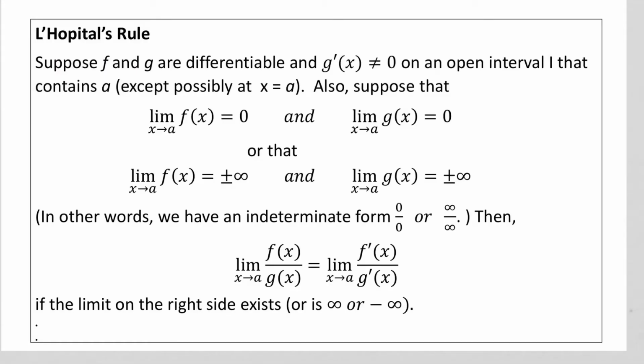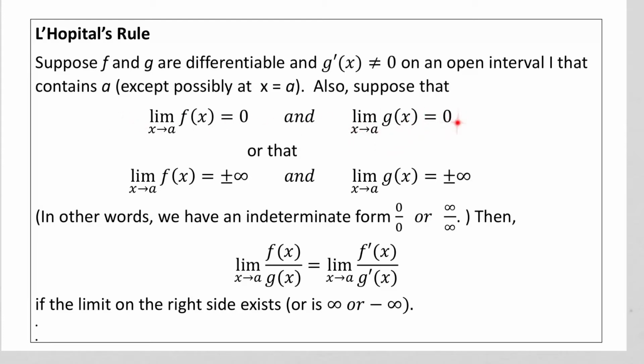So L'Hopital's rule says, suppose f and g are differentiable and g prime of x is not equal to 0 on an open interval I that contains a, except possibly at x is equal to a. So you could have a hole, for instance. Also, suppose that the limit as x approaches a of f of x is equal to 0, and the limit as x approaches a of g of x is also equal to 0.